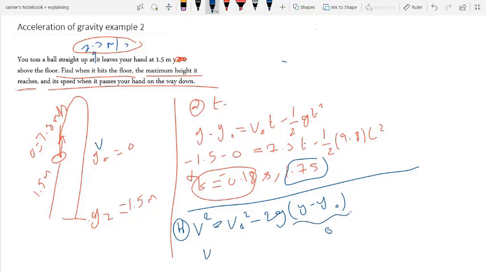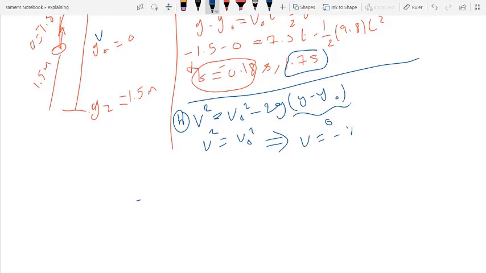So here v squared equals v0 squared. Solving this equation, we get v equals minus v0. The minus sign is because the velocity of the ball is directed downward when it passes the hand again. So v equals minus 7.3 meters per second.